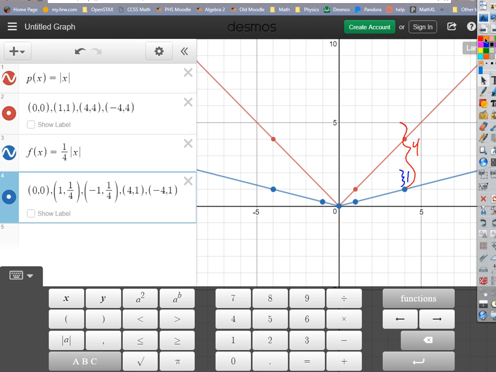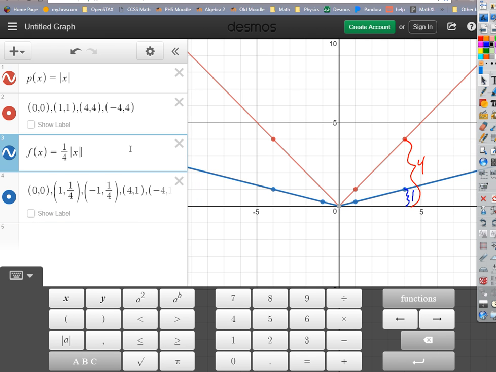If we look at, for example, this point right here, when I went over 1, well, 1 times 1/4 is 1/4. That's a hard point to graph. It doesn't fall at a convenient place on the graph paper, right? You see that? Okay, so then the last part of this is if I were to flip the function around.